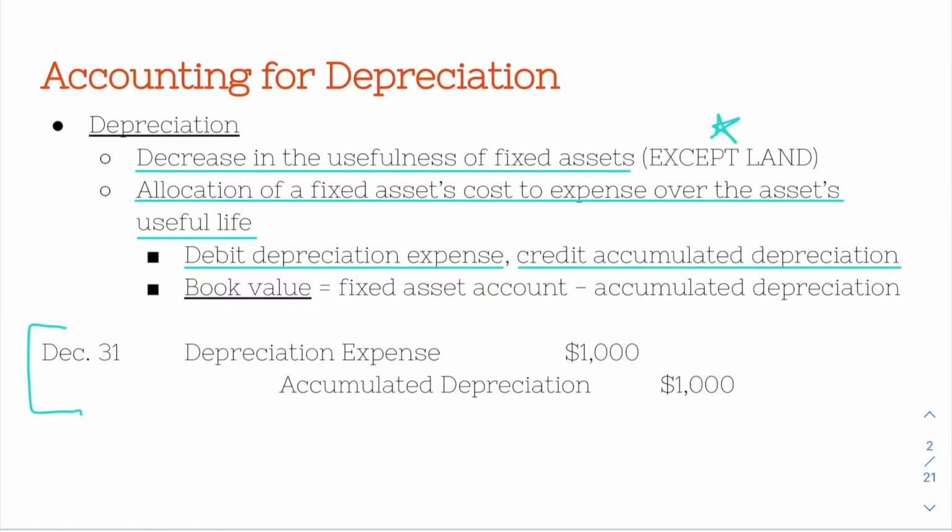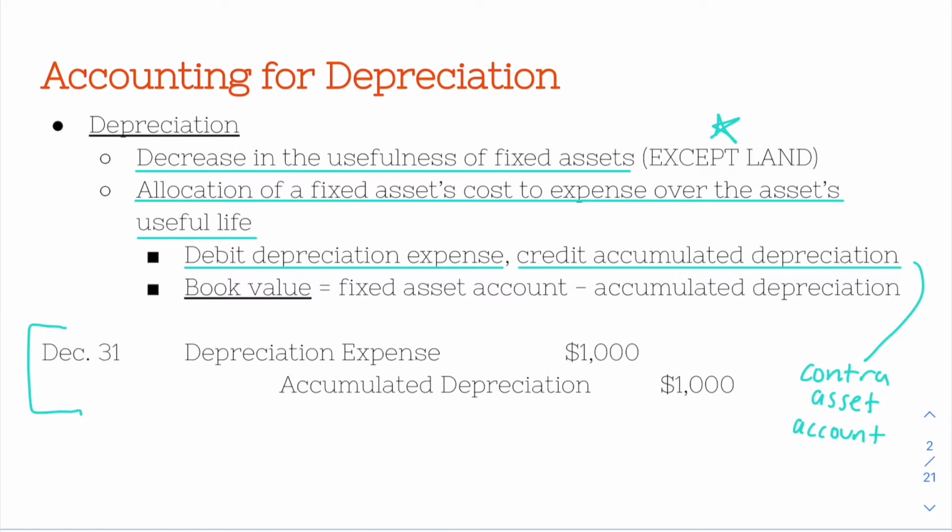As a reminder, accumulated depreciation is a contra asset account. And a contra account, if you remember, is contrary to its related account. So a contra asset account is contrary to an asset account, and in this case, it's whatever the fixed asset is that you're depreciating.